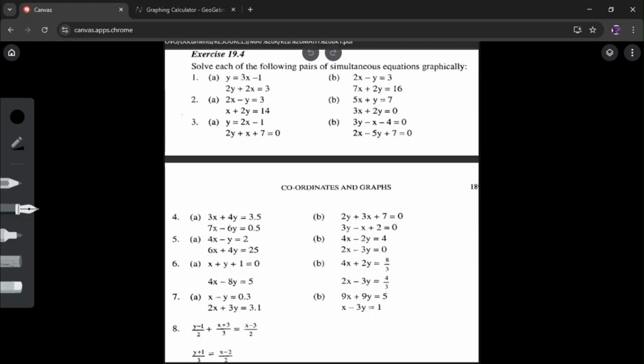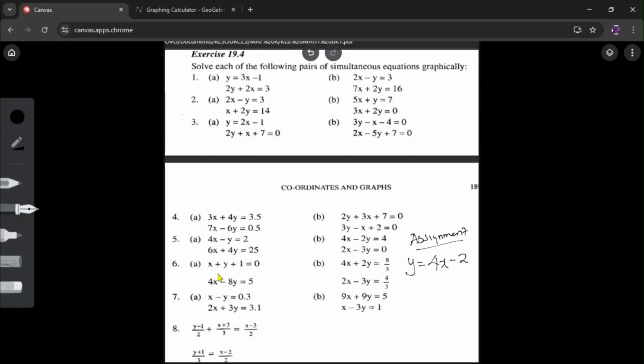I'll make your work easier for this one. Let me pick number 5a and simplify it for you, as an assignment. So the first one is y equals 4x minus 2.